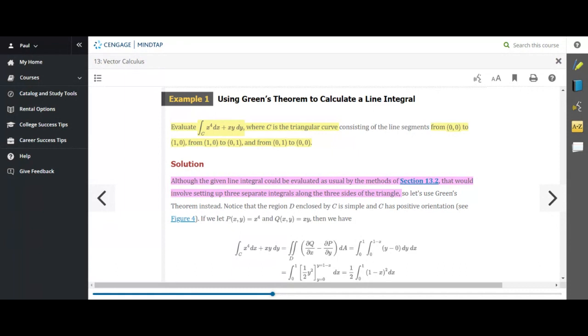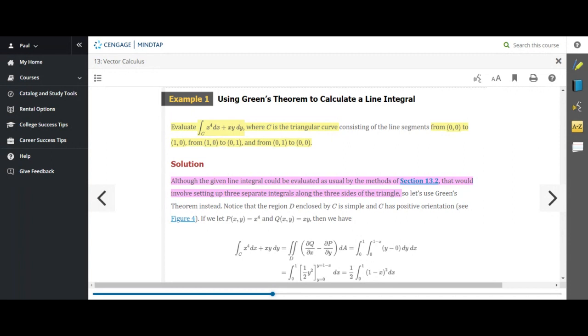You've already had practice, right, of where you've had to set up 2 line integrals. How many recall that in the homework where your path consisted of 2 line segments, and you had to get the parameterization for each line segment and add up the line integrals for each line segment?